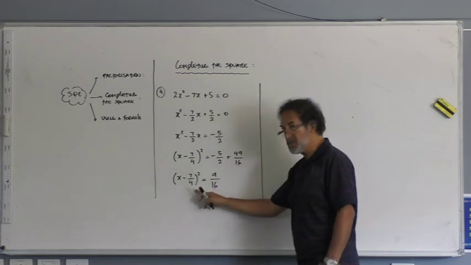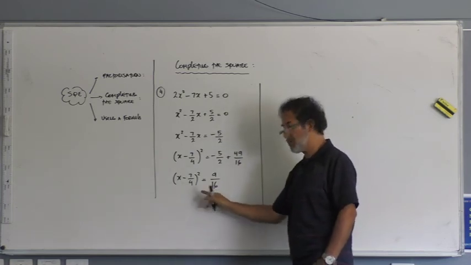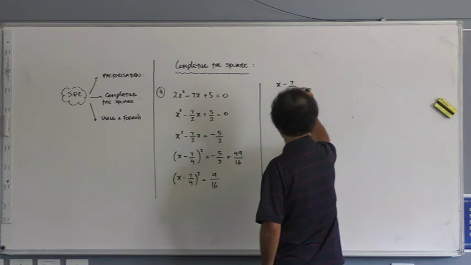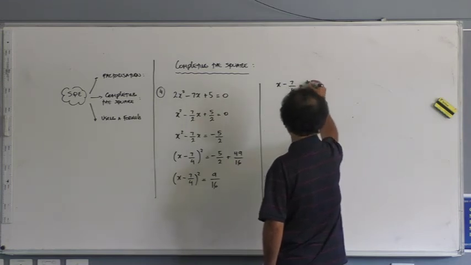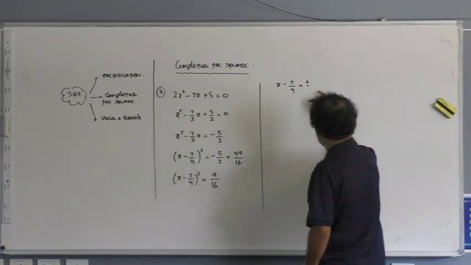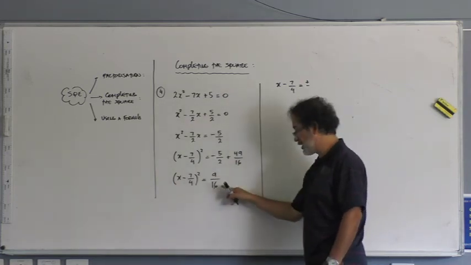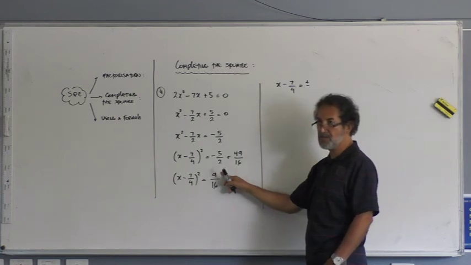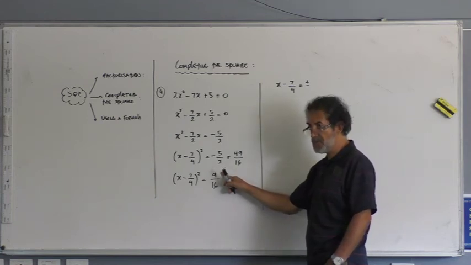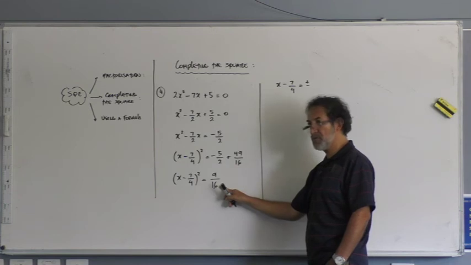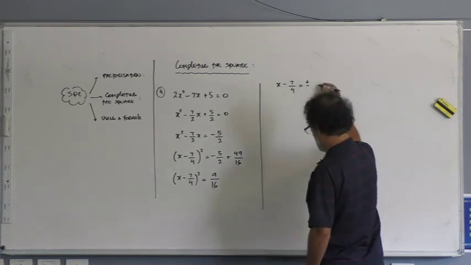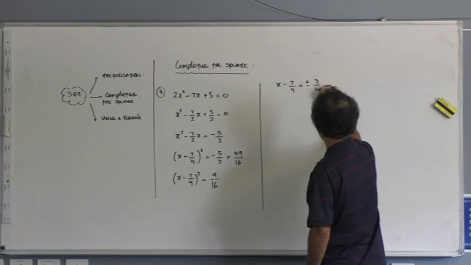So if you square root both sides, then we're going to have x minus 7 on 4 is going to be equal to plus or minus the square root of this. Can you see that if I put the square root of this, then we can simplify the square root of 9, which is 3, and the square root of 16, which is 4? Is that okay if I put in here 3 over 4? Do you understand that?